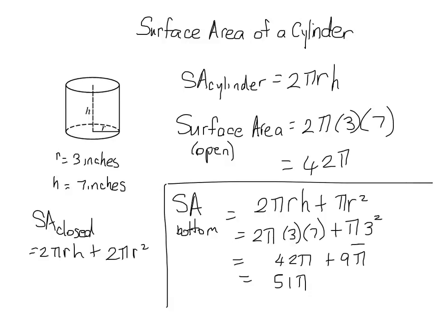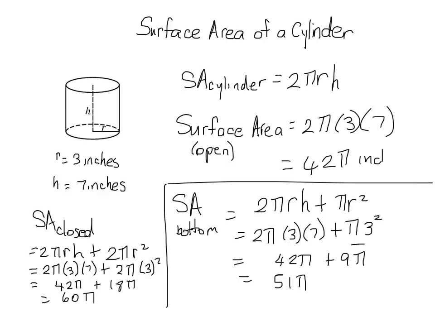We're adding those 2 areas of those 2 circles, which gives you 2 pi times 3 times 7 plus 2 pi times 3 squared. Again, we have 42 pi, the regular part of our cylinder, plus 18 pi, and in all, that gives us 60 pi. And our units for all of these examples, of course, are inches squared.